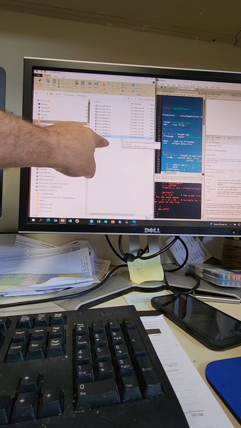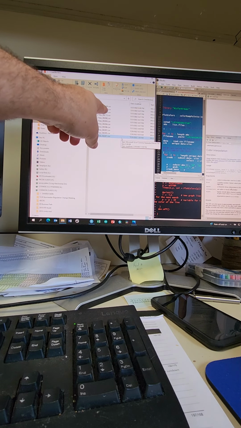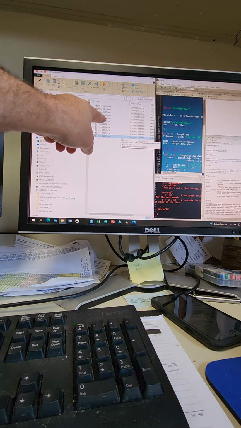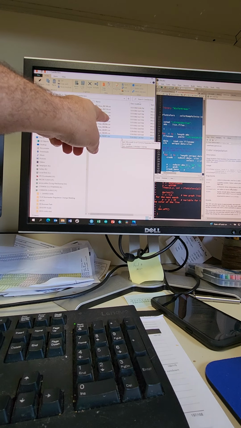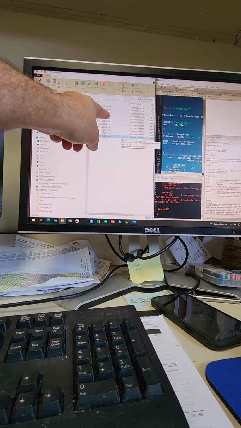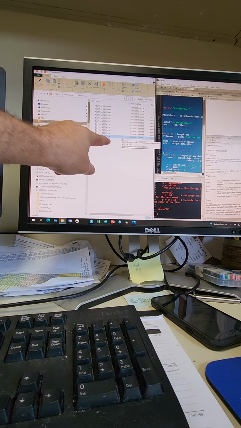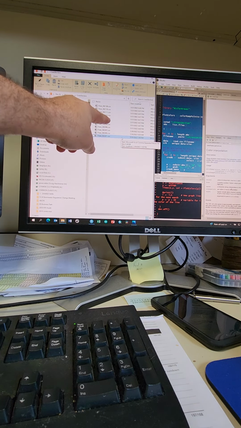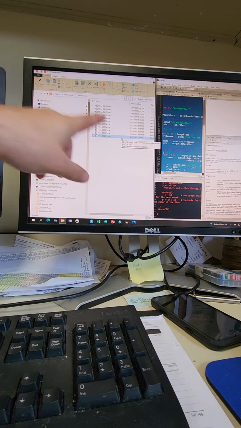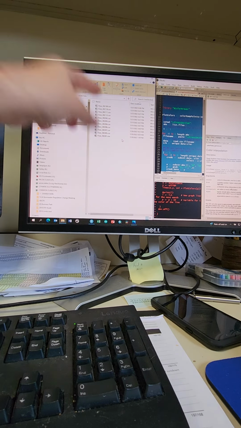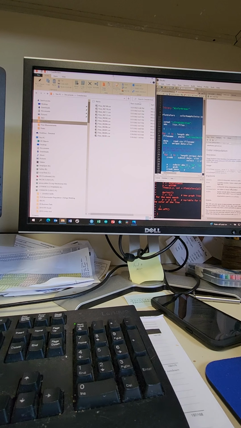These are all the flow measurements for each month. We got 2021, 12th month, 11th month, 10th month, 9th month, 2022, the first month, second month, third month, fourth, fifth, sixth, seventh. All right, so that's all the way up to July. I have those saved in there.